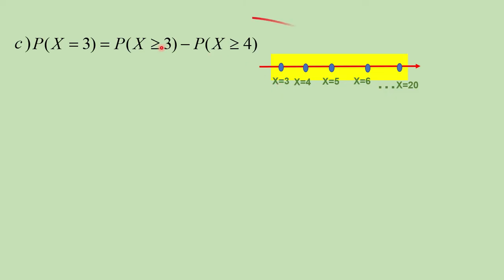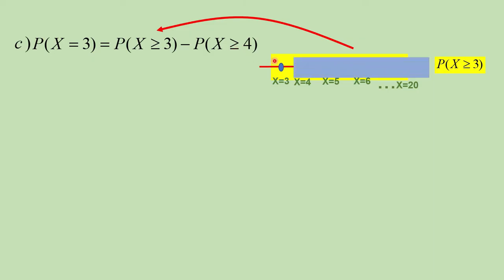Probability x more than or equal 3 is the summation for x equals 3, 4, 5 until x equals 20.